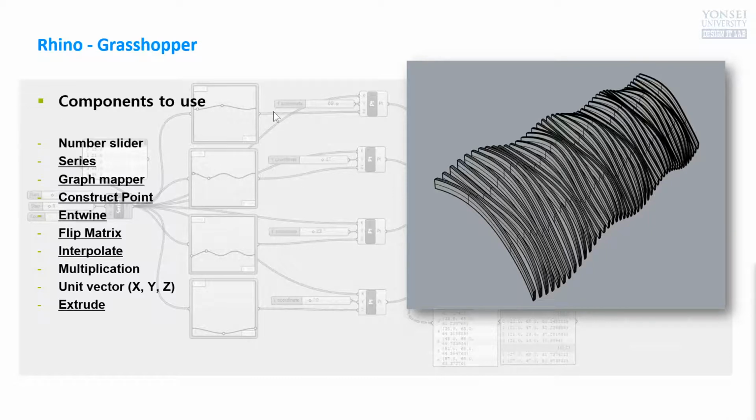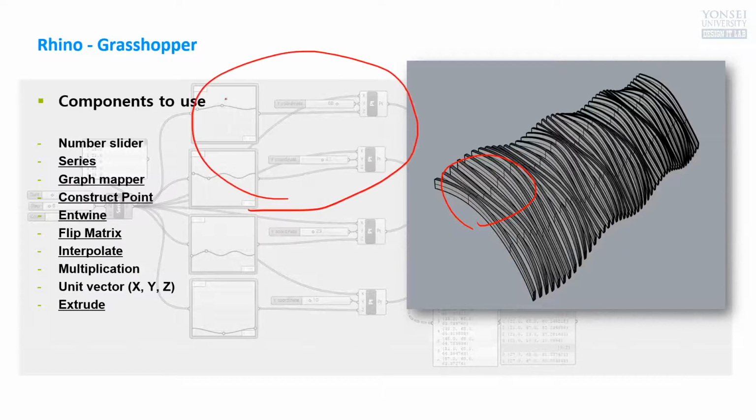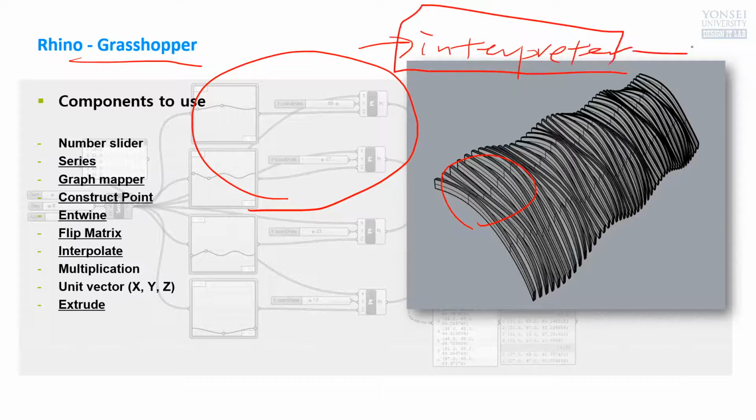Take a look at this Rhino Grasshopper example. As you know, this kind of Grasshopper result can be generated by nodes and some visual language based inputs. This visual Grasshopper example can be interpreted using a certain type of interpreter, and then interpreted into some text language.